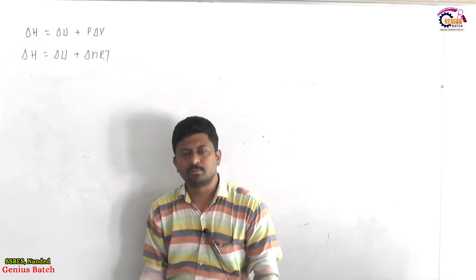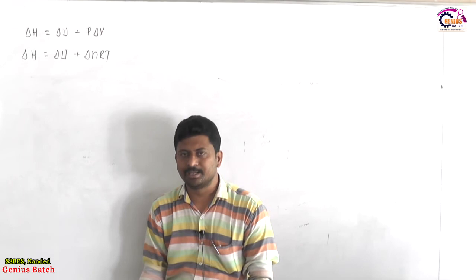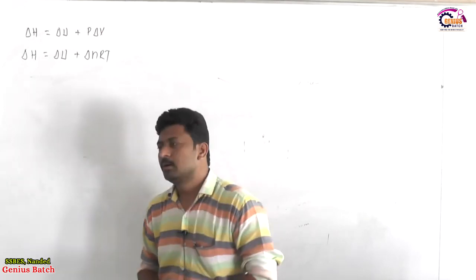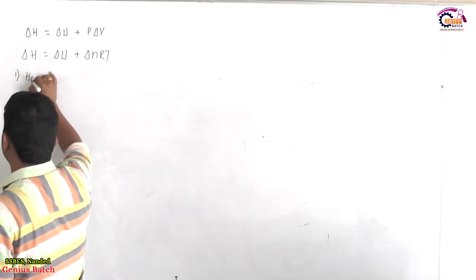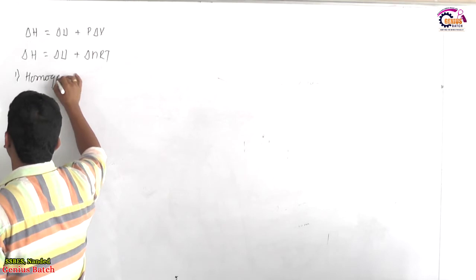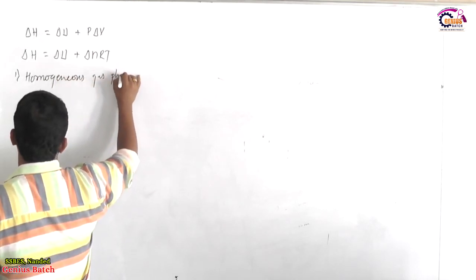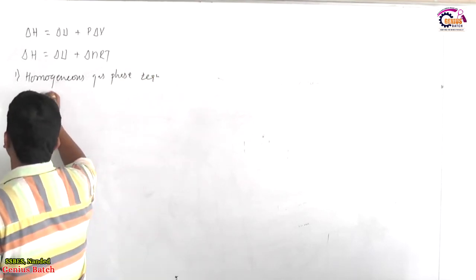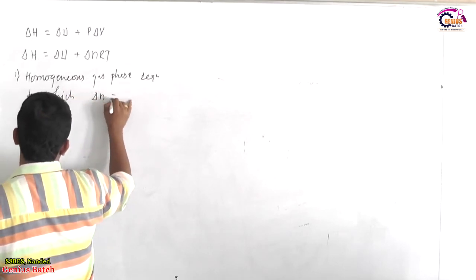Now what are the possible conditions under which these two values of delta H and delta U can be equal to each other? We would see them one by one. Suppose we have a homogeneous gas phase reaction for which delta n is equal to 0.